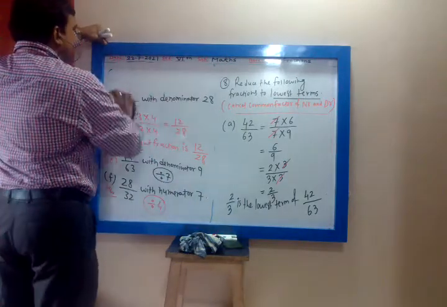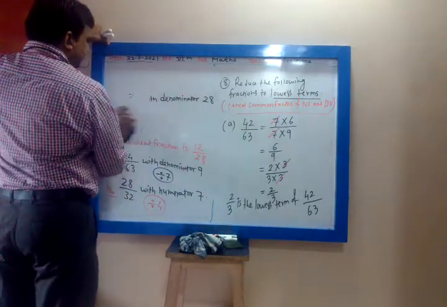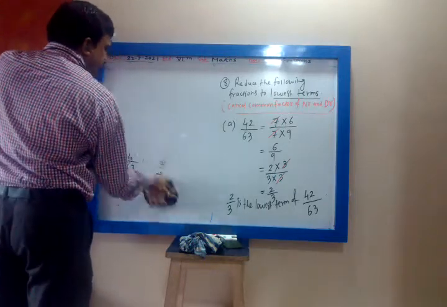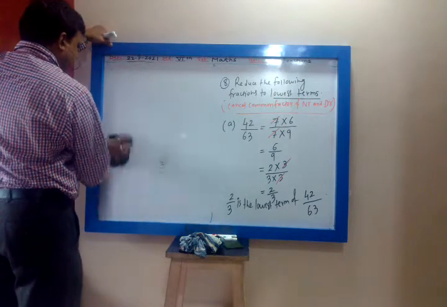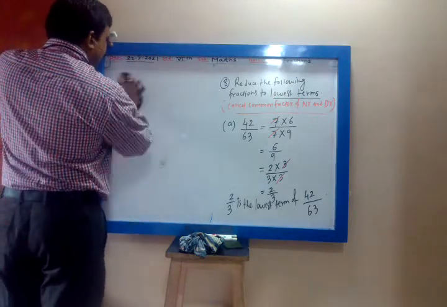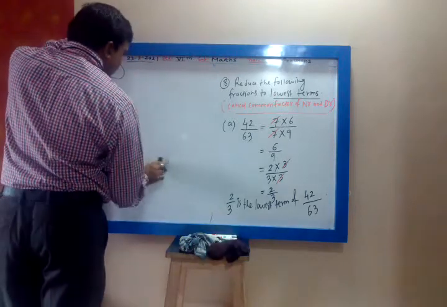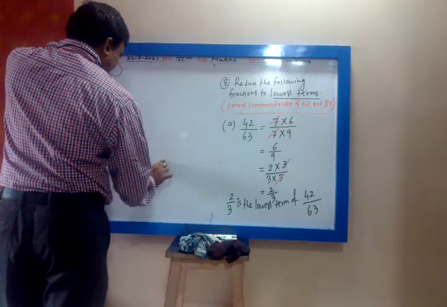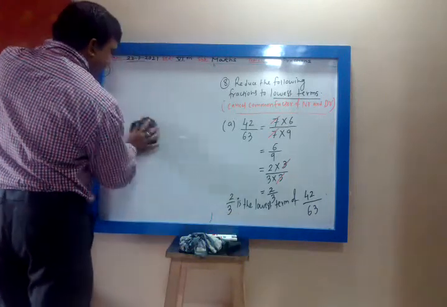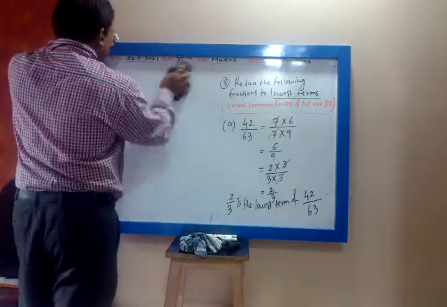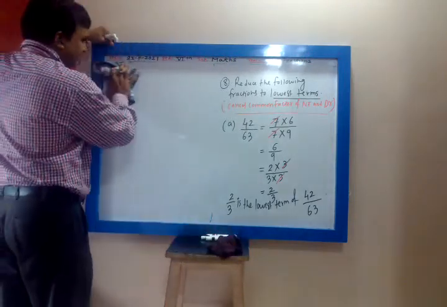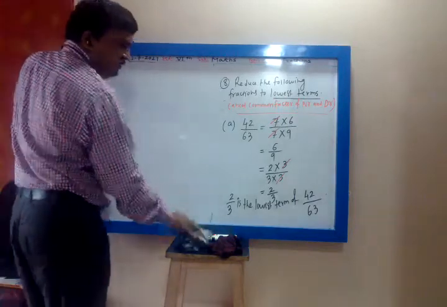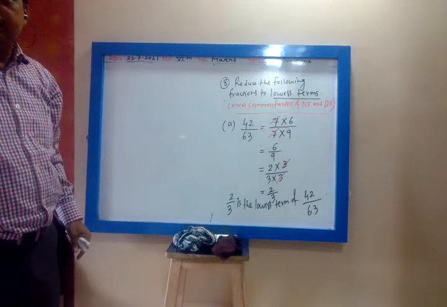To write down the fraction in the lowest term, we cancel the common factor of numerator and denominator. We will get the lowest term.